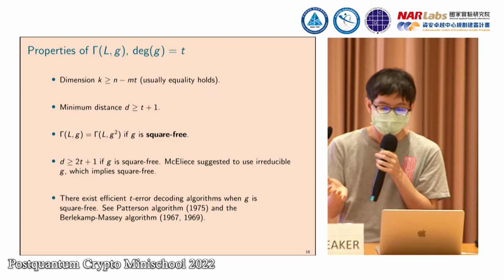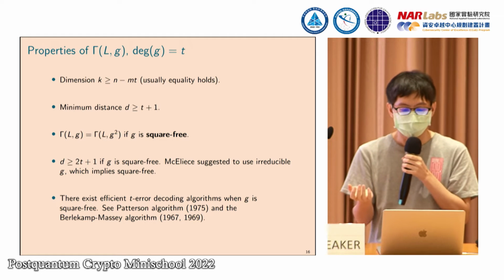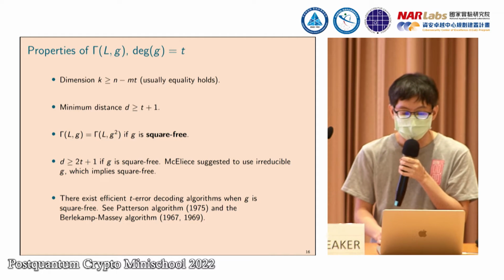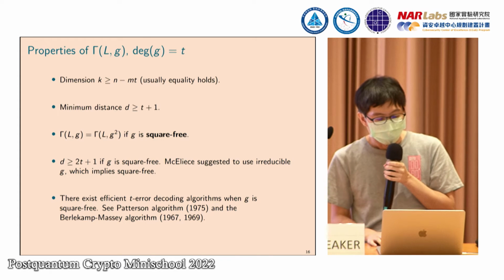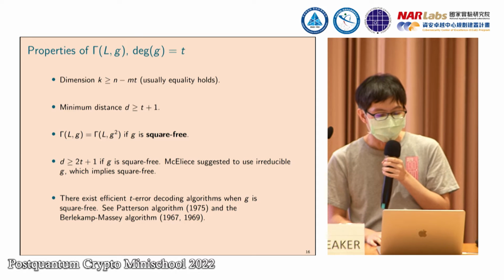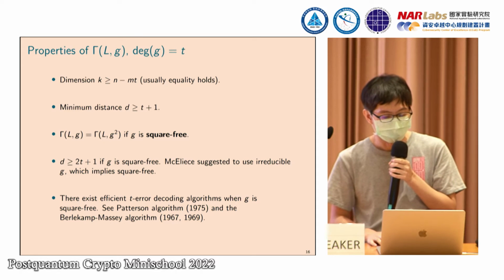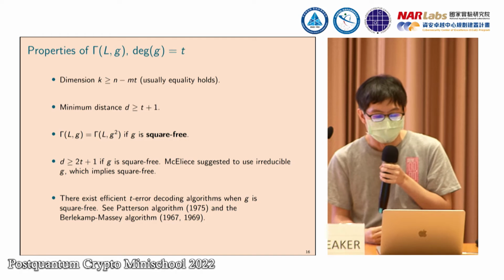So of course, being irreducible implies being square-free. Okay, and finally, there exist efficient t-error decoding algorithms when G is square-free.